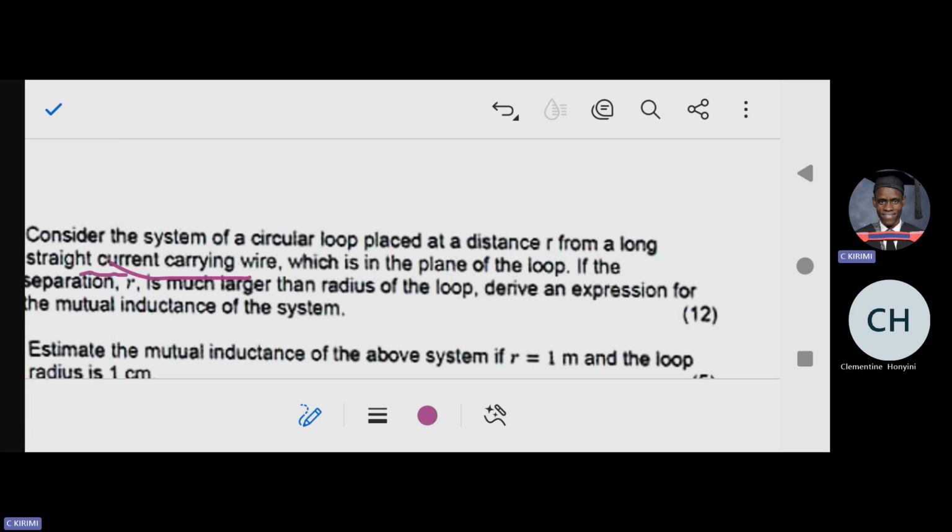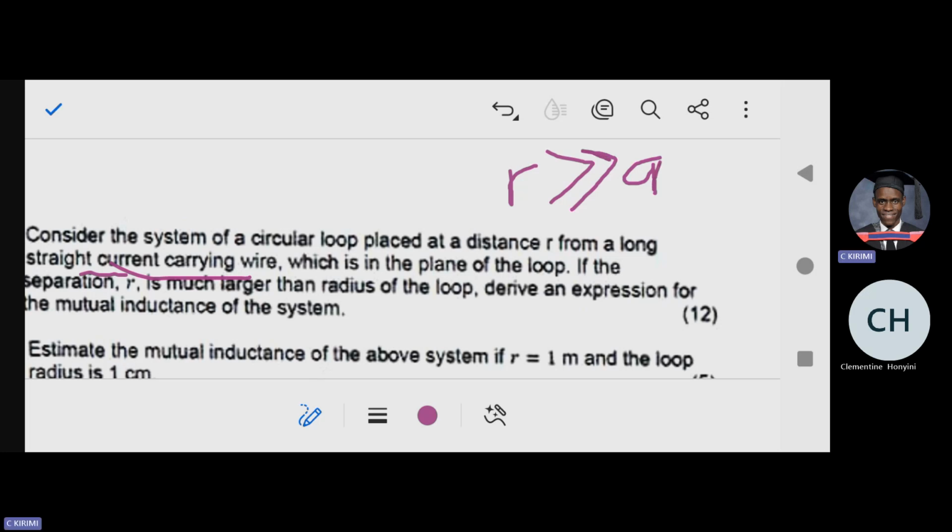If the separation r is much larger than the radius of the loop, that's where we are getting the indication. R is the separation, which is much larger than the radius of the loop, which is our a.